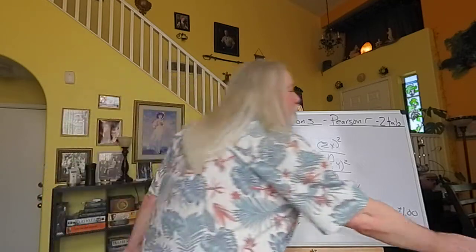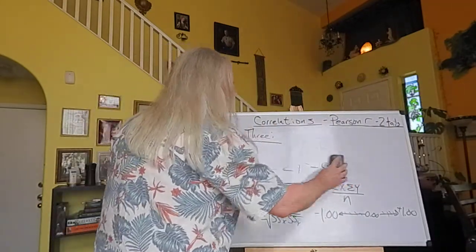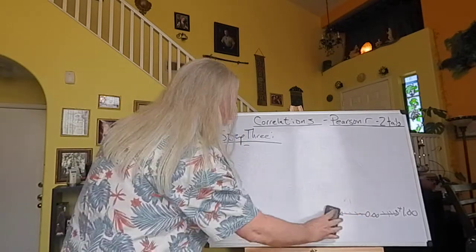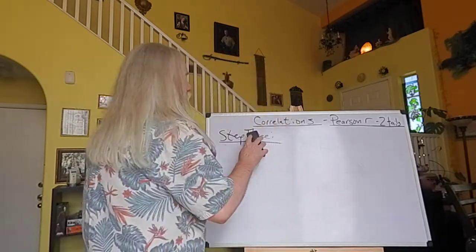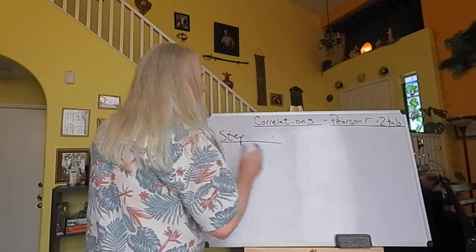So when we get done with our calculations from step 3, again, as always, we'll do an example right after we're done with this. We go on to step 4, where, as always, we make a decision.